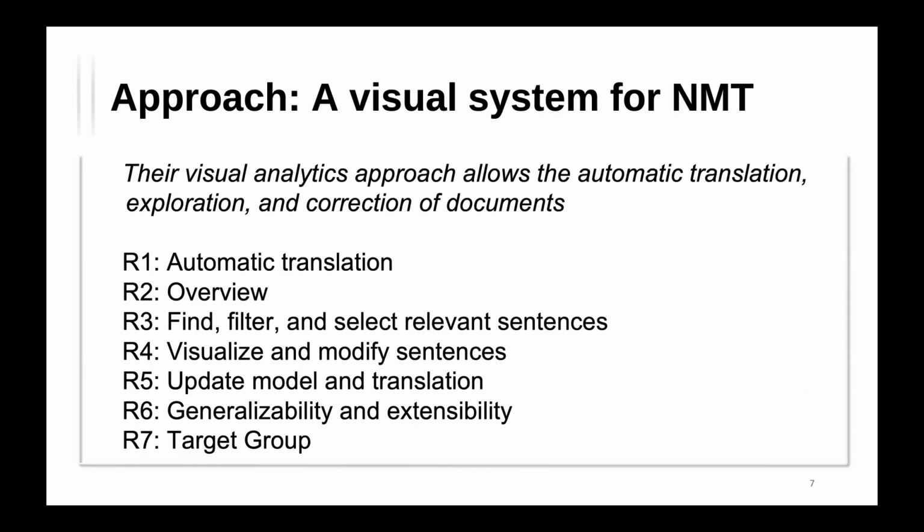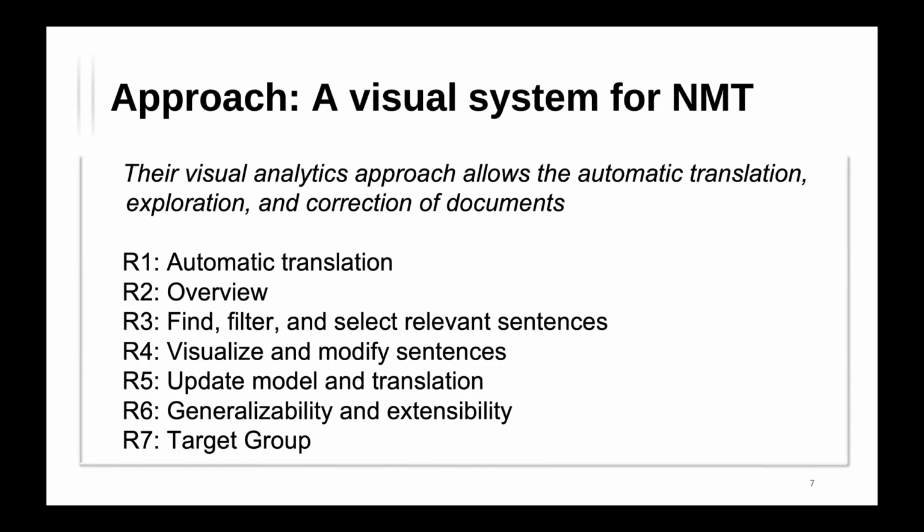So this R1 is a requirement, right? And why is this supposed to be a requirement of the visual system? Because the function of automatic translation is inherent from NMT, right? Why is there such a requirement?